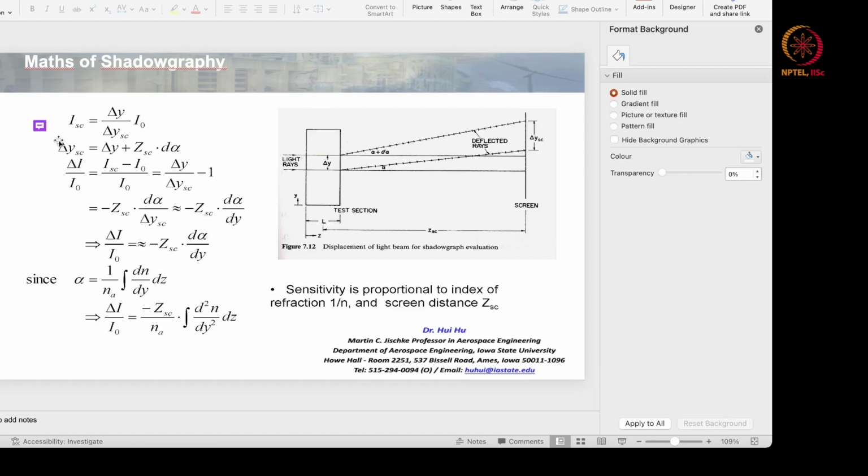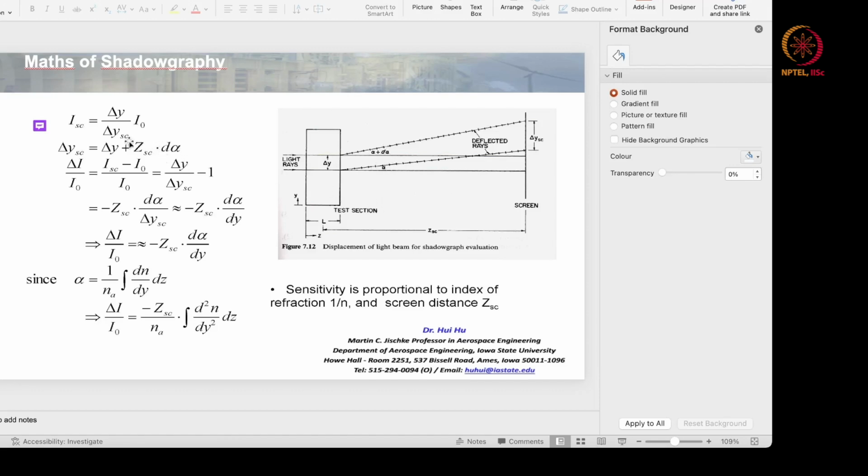So what about this delta YSC? Delta YSC is actually your delta Y, and there is this ZSC, which is the distance, multiplied by this D alpha. Can you imagine?